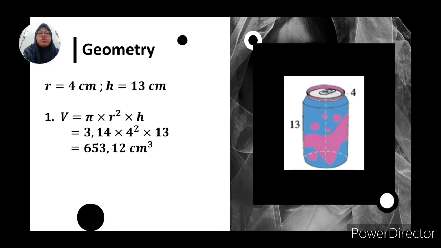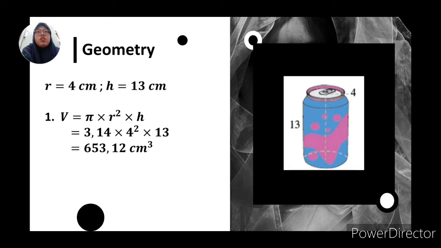The third question is about geometry. There is a cylinder can with radius 4 cm and height 13 cm. Find the volume and surface area of the cylinder can.